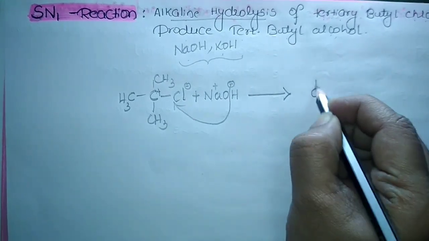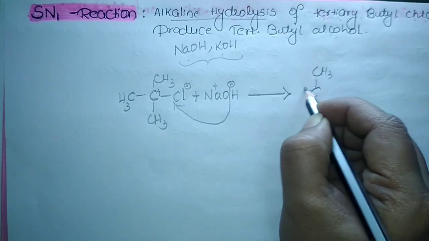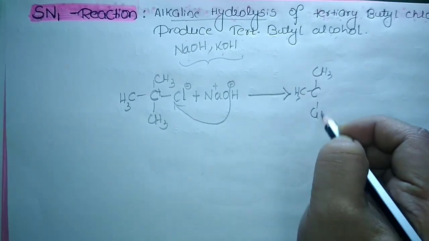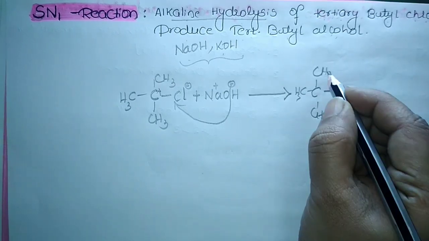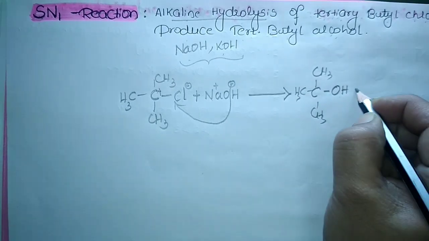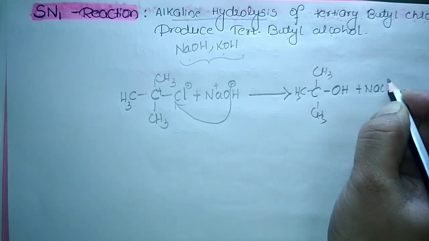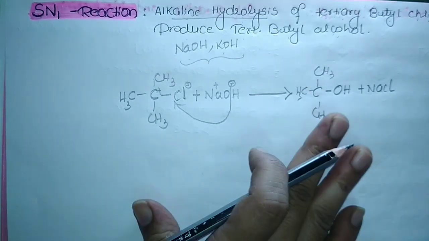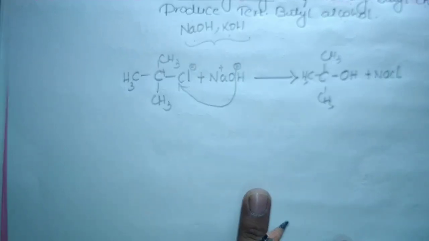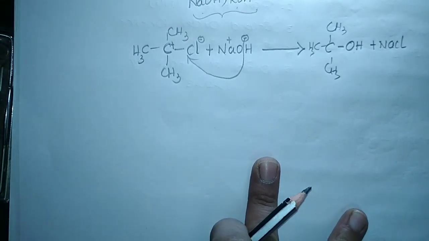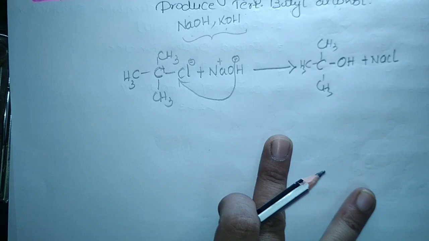So it results in the formation of what? CH3 and CH3 over here, CH3 which is tertiary, and OH will be substituted, tertiary butyl alcohol, and NaCl will be formed. This is how the reaction is going to happen, okay. Now how exactly is it going to happen? What is the mechanism of the reaction we are going to study?